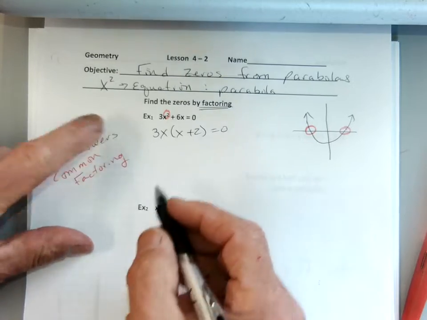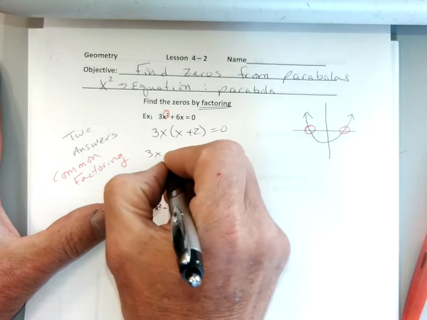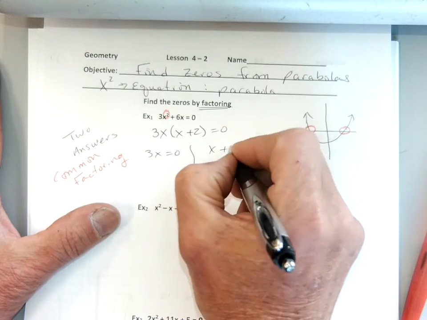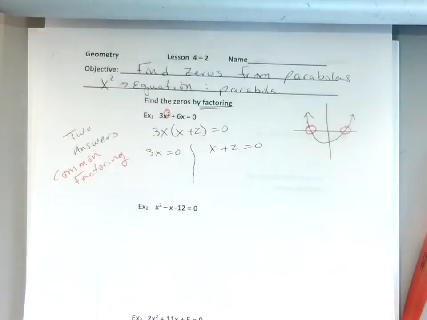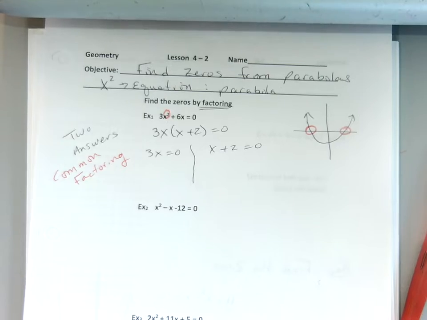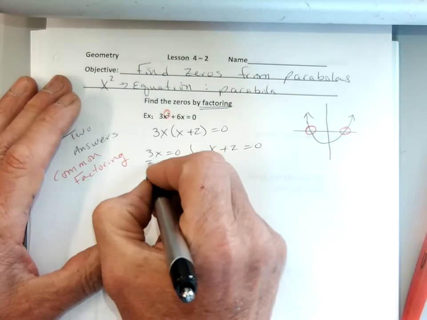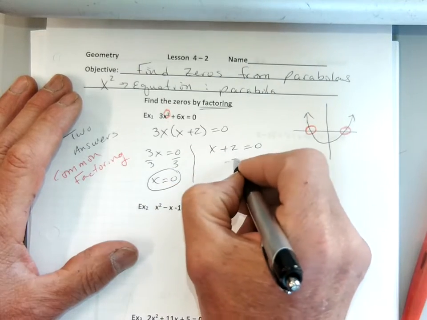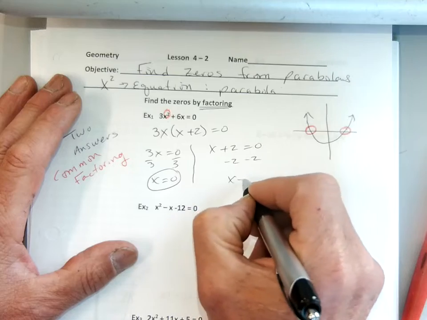So we've got 3x equals 0 and x plus 2 equals 0, okay? And I just need to solve. So solve and divide by 3, x equals 0, okay? Minus 2, x equals negative 2.